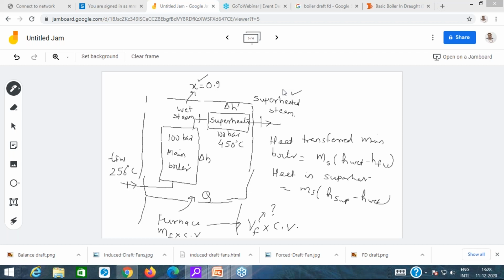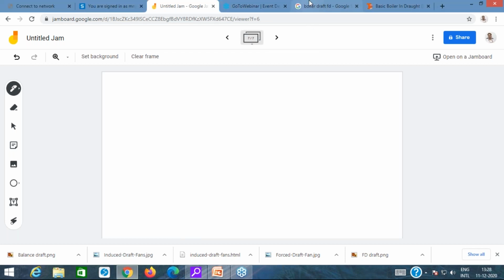From the steam tables, tell me the enthalpy of the wet steam. So it will be HF plus X HFG. Enthalpy of wet steam would be HF plus X HFG at pressure given to be 100 bar.